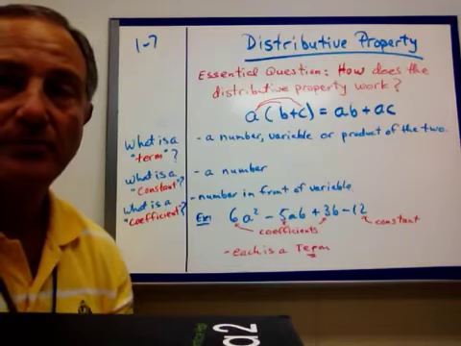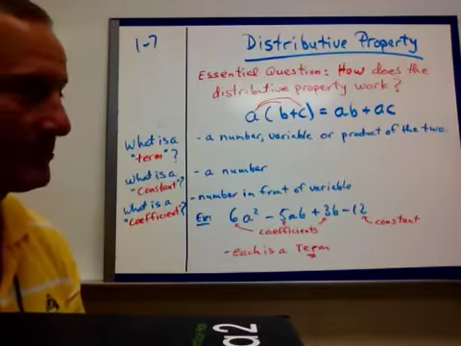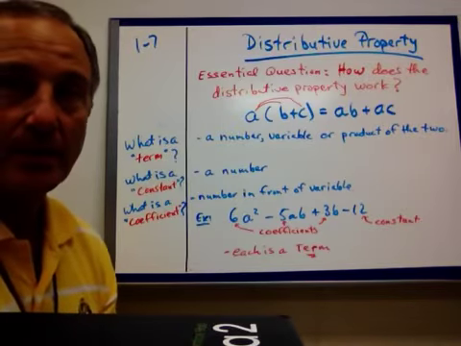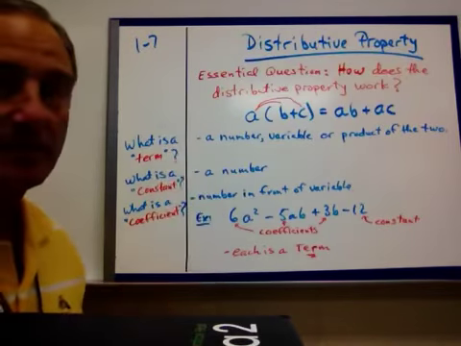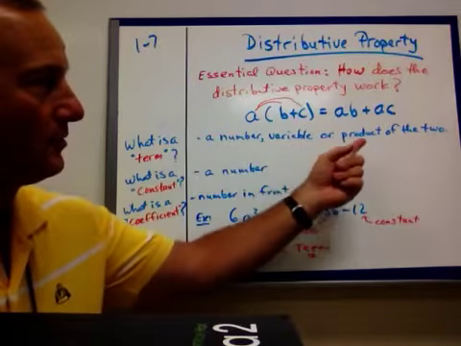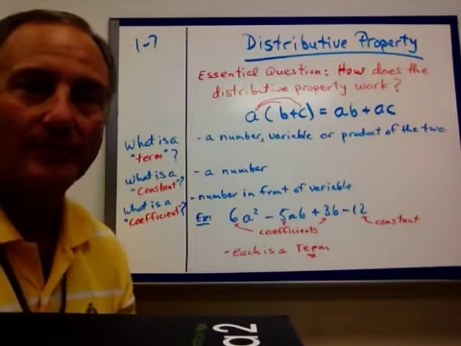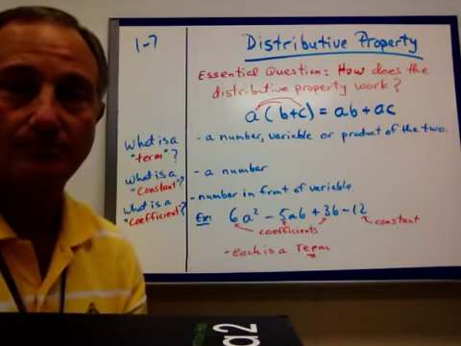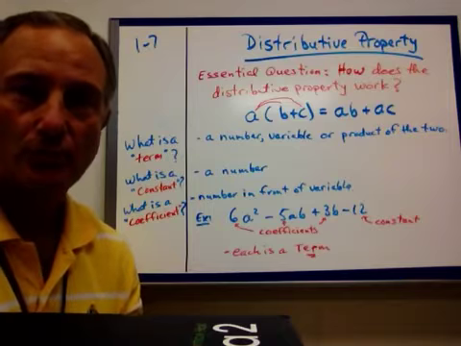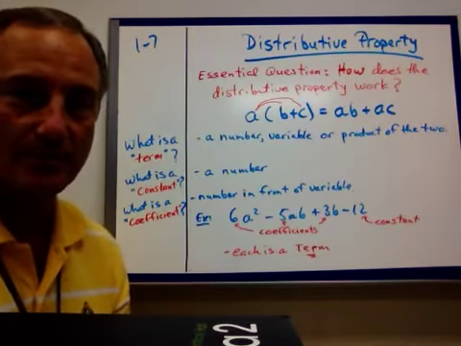A couple other things we need to get out of the way here and make sure we're on the same page when we talk about these words: term, constant, and coefficient. A term is just a number, a variable, or a product of the two, like 2, x, 2xy, x squared. Those are all terms, and they're separated in an equation by a plus or minus sign.